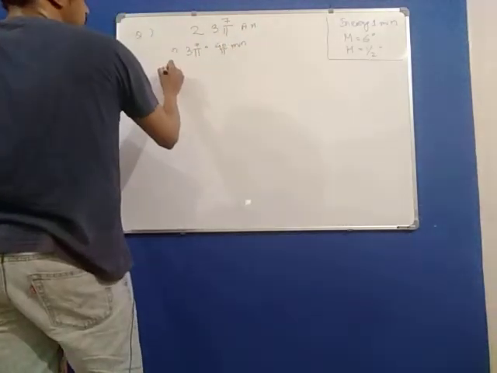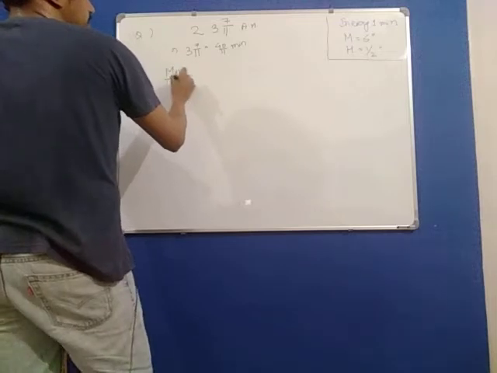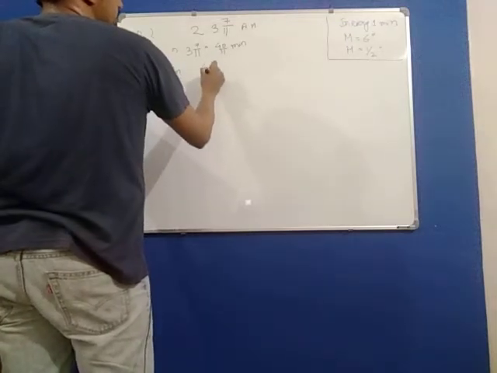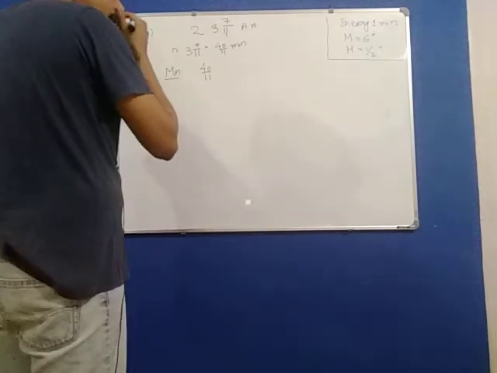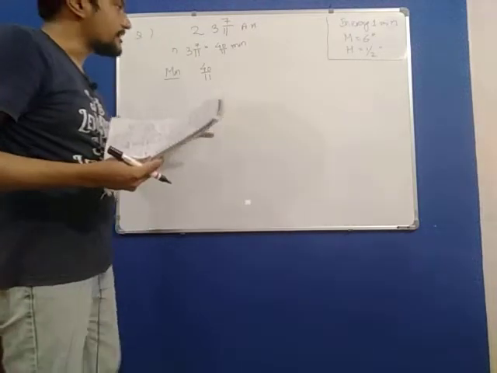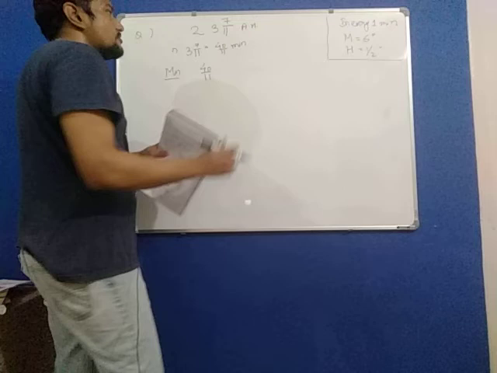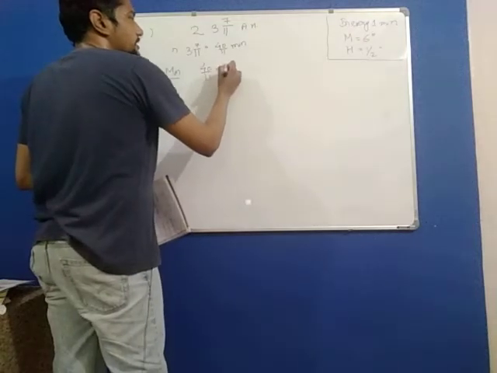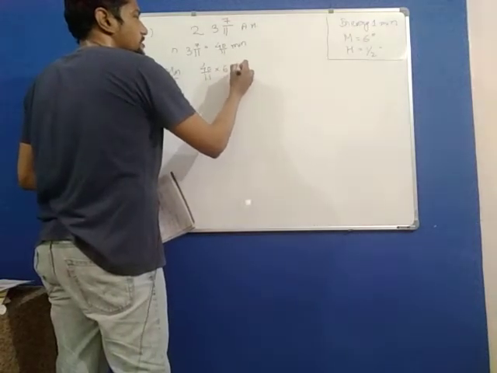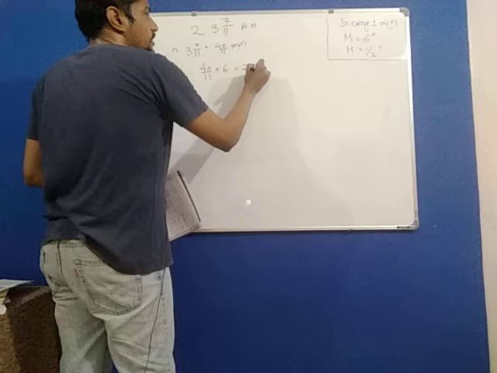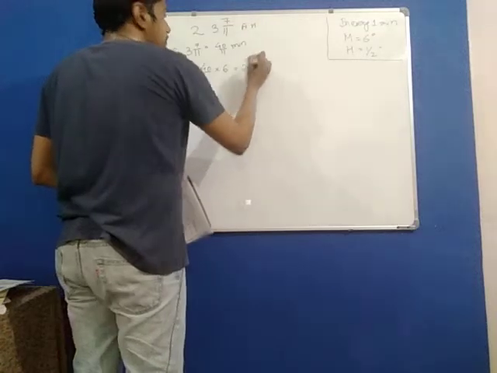As far as the minute's hand is concerned, it has moved for 40 by 11 minutes, and in every 1 minute the angle subtended by the minute hand is 6 degrees. So in 40 by 11 minutes the angle subtended by the minute's hand will be 40 into 6 by 11, that is 240 by 11 degrees.